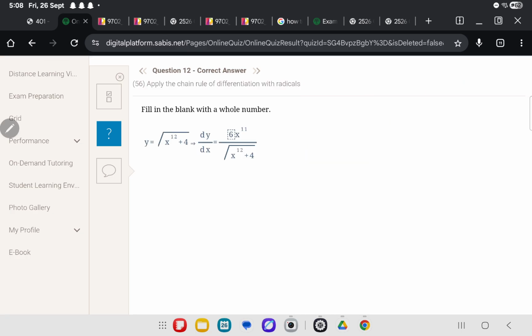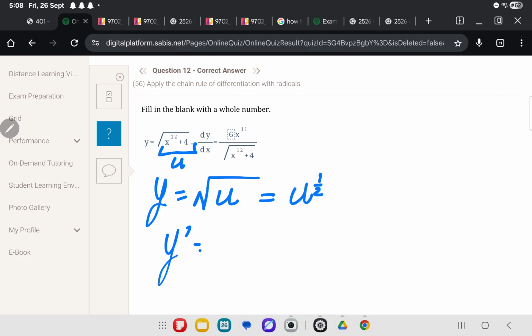Question 12. Now, this is also an application of the chain rule. So we're going to say this is our u, right? So it's going to be radical u, which can be rewritten as u to the power of half. Now, y prime is going to be, since there is no k, k is 1, we're not going to write it. It's going to be 1 over 2 radical u. Remember what our rule was?